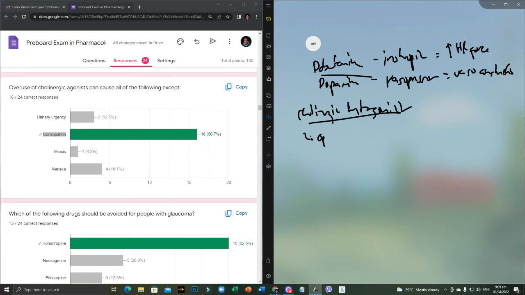It always produces the effects that are opposite of the DUMBBELLS, right? D here is diarrhea. So the opposite of that would be constipation. Urination, meiosis. The nausea would be more of its effects on the CNS.